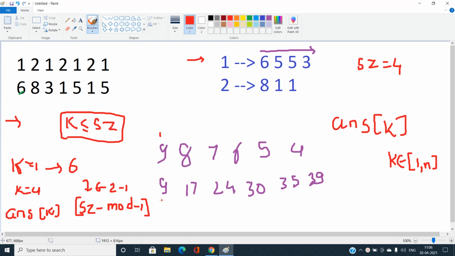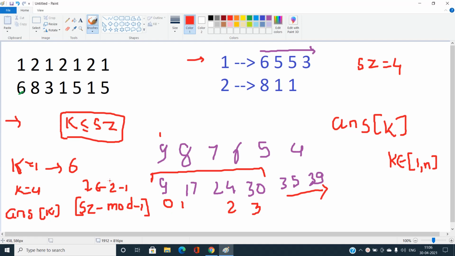So I'm talking about zero-based indexing in this prefix sum: 0, 1, 2, 3. So if I take this value as size minus mod minus 1, it means that these four values are going to be contributed into my answer, and this is going to be excluded. This is for k equal to 4.